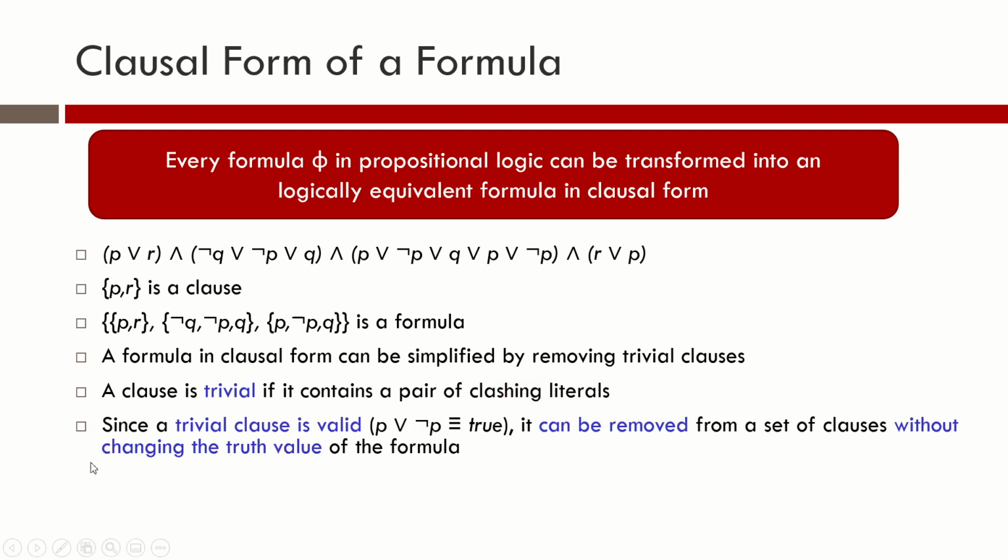Since a trivial clause is valid, it can be removed. For example, if we have a clause like P or negation P, these are clashing literals because we have P and the negation of P. Since a clause is an implicit disjunction of its literals, if we have negation Q and Q in a clause, the truth value will be true, because if Q is true, negation Q will be false.